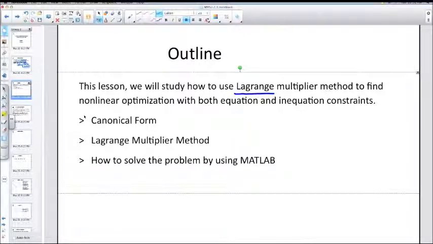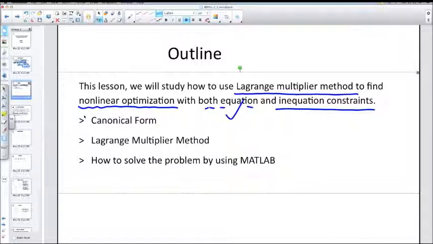Again, we talk about the Lagrange multiplier method and deal with the nonlinear problem. That's different from the 5th lesson, which was not nonlinear. It is also different from the second lesson. We've got the inequality constraint. In the second lesson, you only have equation constraints. You have this, but you don't have that.